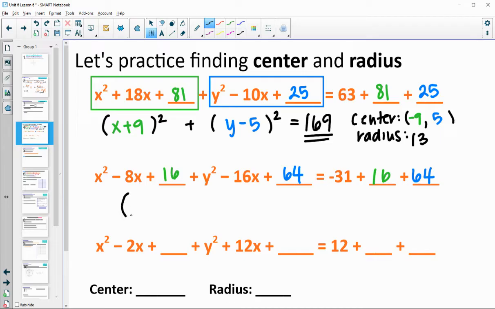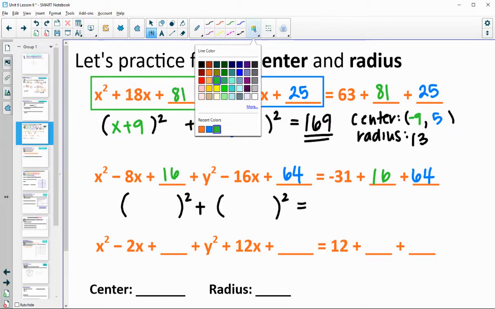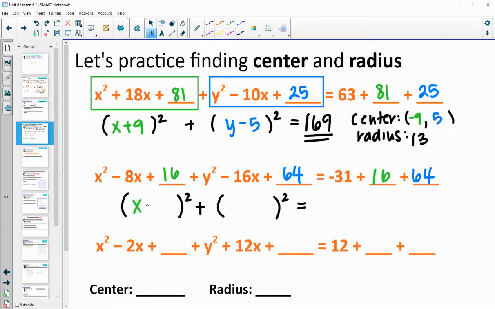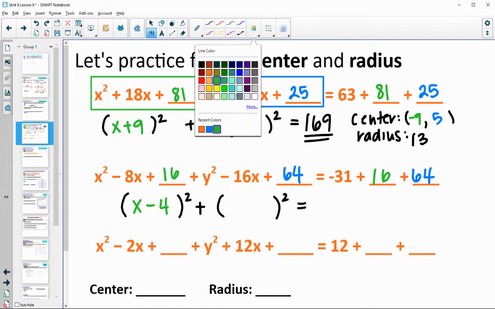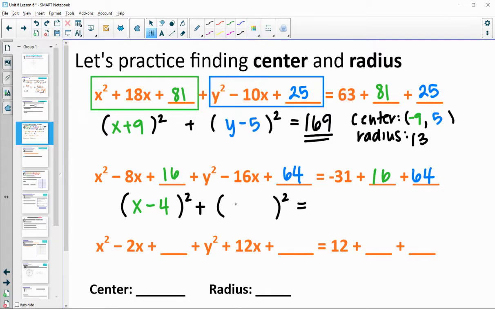So then to write it so that we can see the center of this circle, we'll factor these back into binomials. So inside of this first one, we would have had x minus 4 to get us here. This one, we would have had y minus 8. And then add these together.